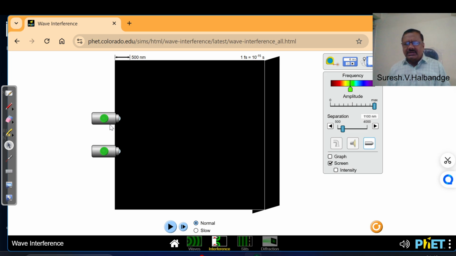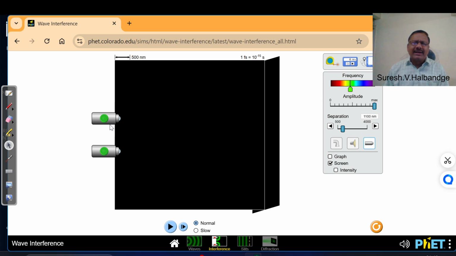we know that on the screen we observe alternate light and dark bands, and these light and dark bands observed are alternate and equidistant. The bright bands are equally bright and the dark bands are equally dark.